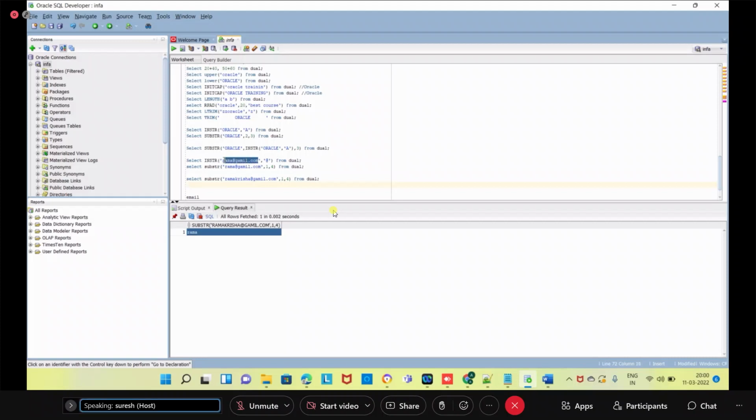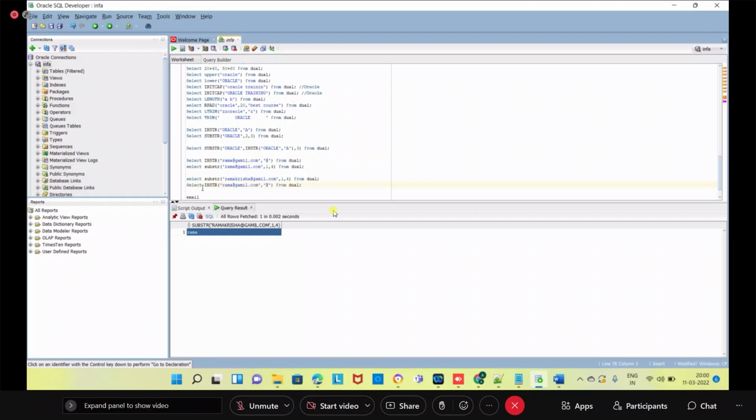So in that case, we have to think in this way. If you identify the length of the characters, then we can identify the position of the at the rate. From that position, if you minus, what will happen? Let's discuss that point.